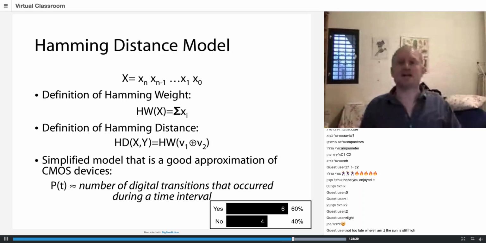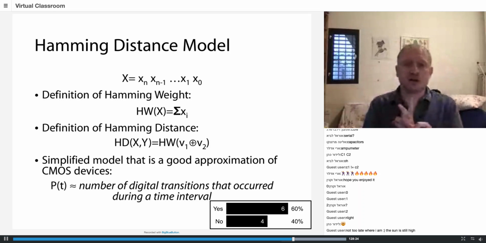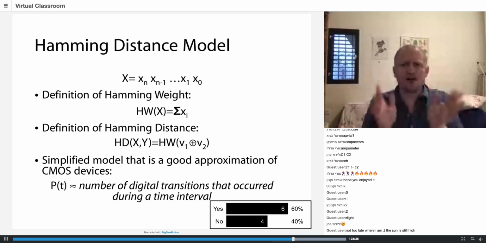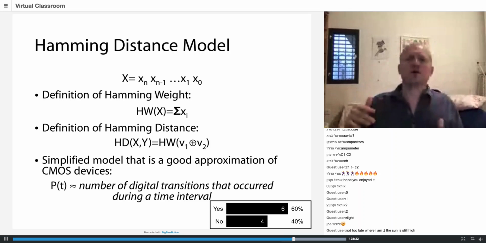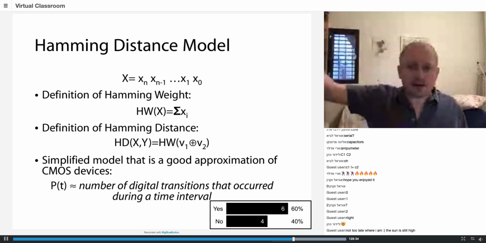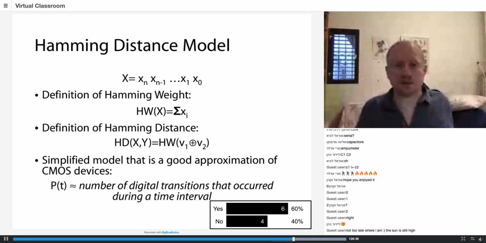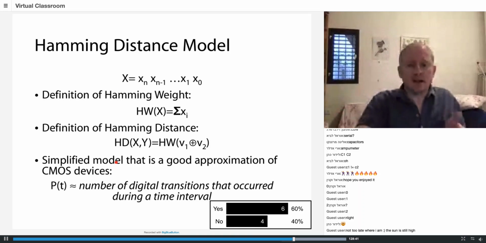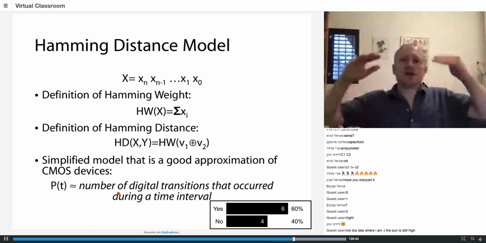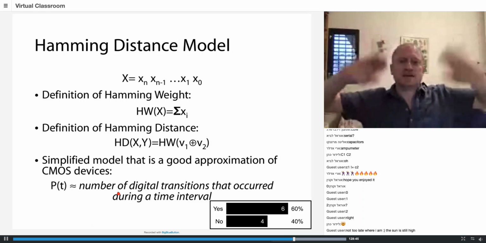So what we're doing is we're making a simplifying assumption. The simplifying assumption is that A, the device is using CMOS, and B, the device is using synchronous logic. This is a very, very reasonable assumption. And once we assume the device is using CMOS, we say that every clock, a bunch of the bits in the state of the device change, and that the power consumption is more or less proportional to the number of bits that changed in the state.